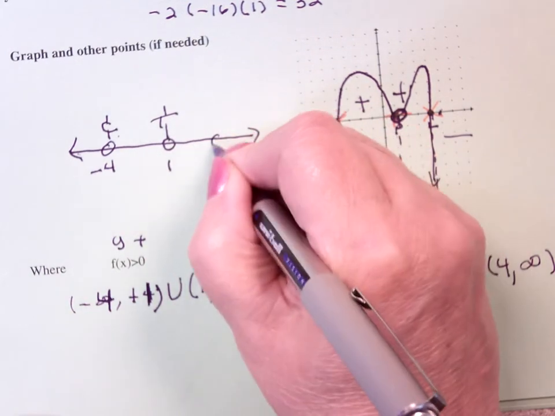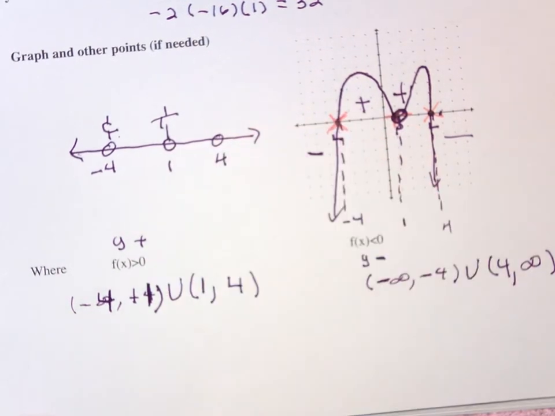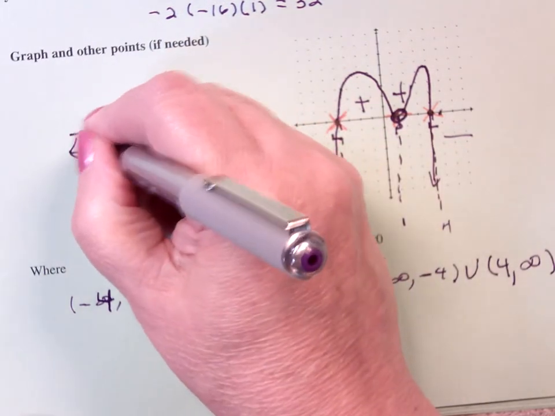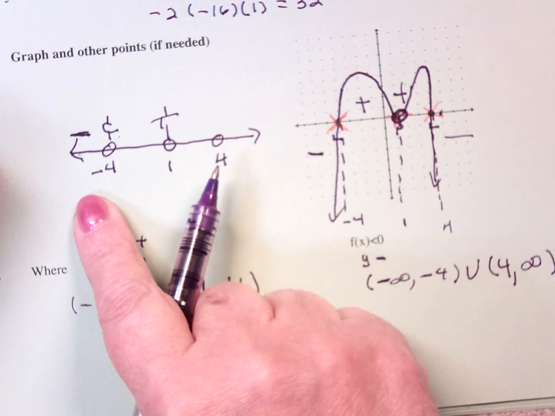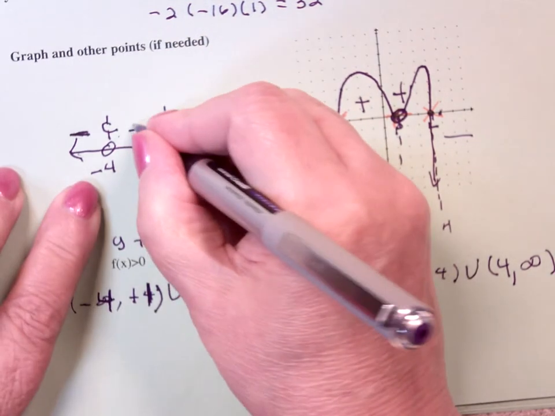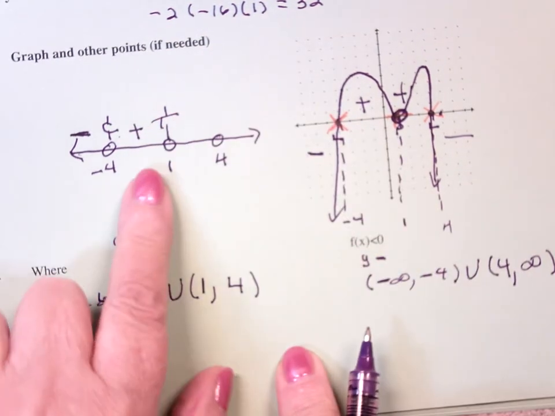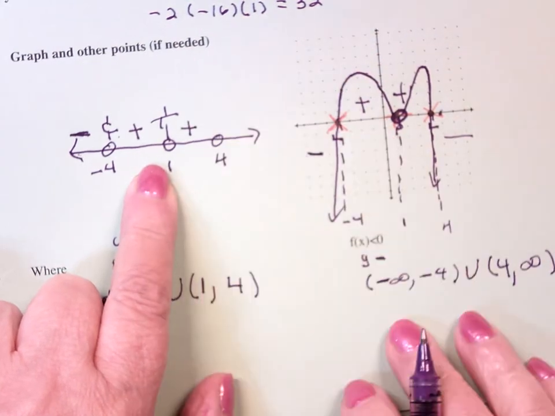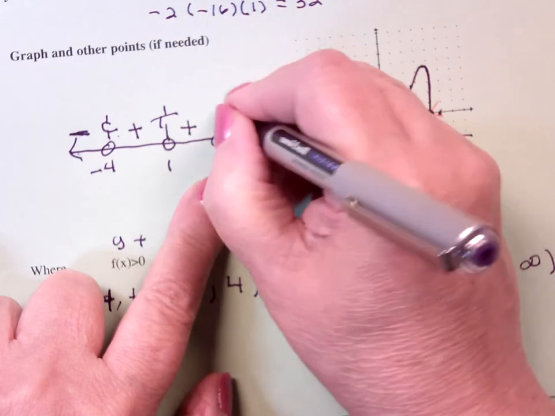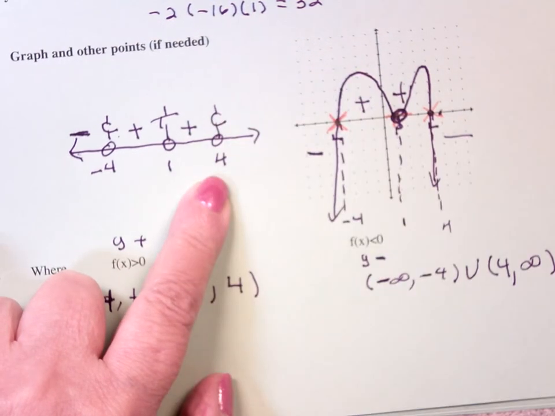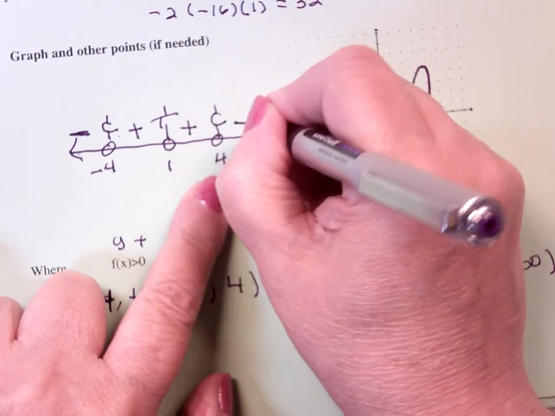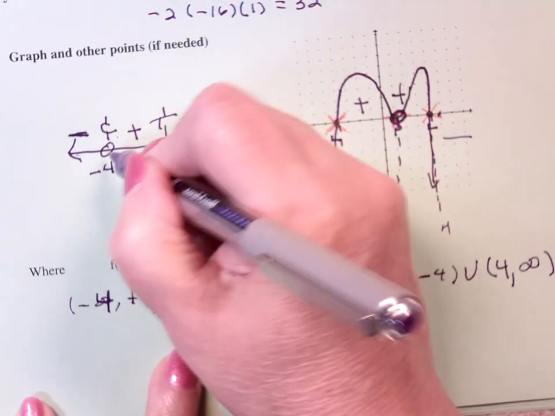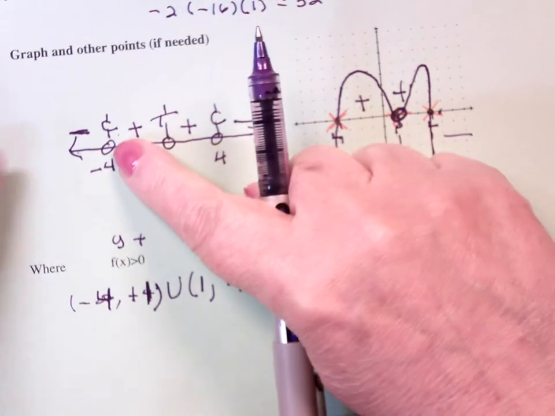I have positive 4, the graph crosses. I just need to know that the y values are negative here. The graph crosses, the y values remain positive. The graph touches, the y values remain positive. The graph crosses, the y values go to negative. And this gives me my answer on the number line.